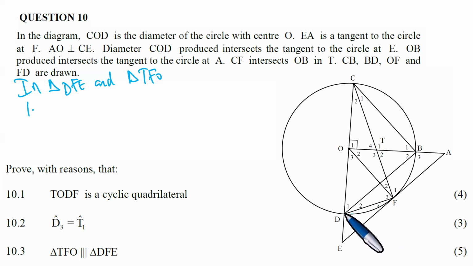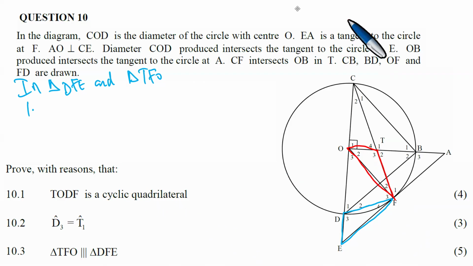So if you look at the DFE, it's the blue triangle. And then now we're going to highlight the other one in red. Okay, D3 equals F1. Okay, that's interesting, Lesedi. So you have TFO.